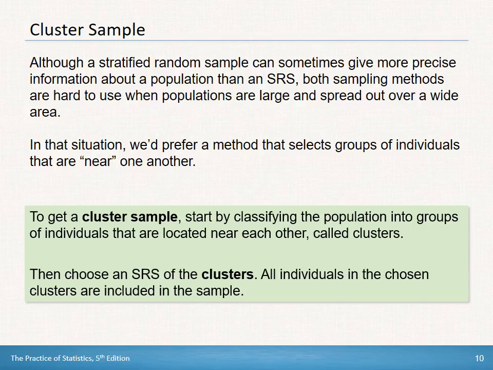And then I would randomly select which high schools I wanted to use. So that's a cluster. Then I survey every single person in that high school. Okay, so that's the difference. Stratification: separate them, randomly select the people. Cluster: you separate them by location and then randomly select the location, and everybody at that location gets surveyed.